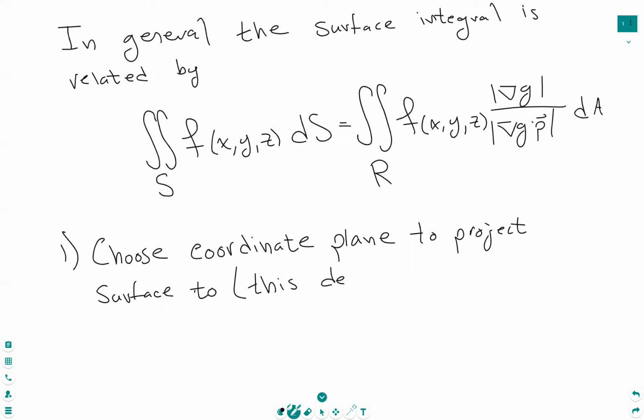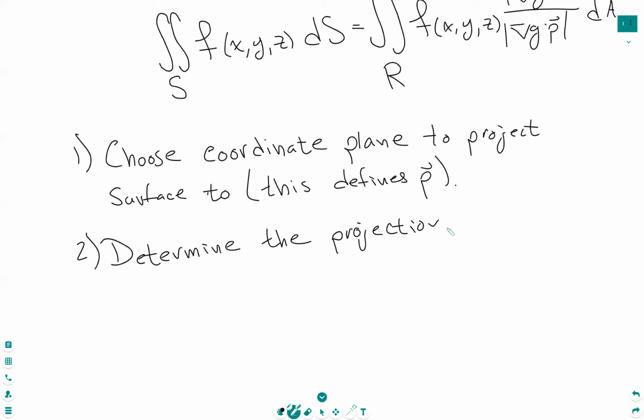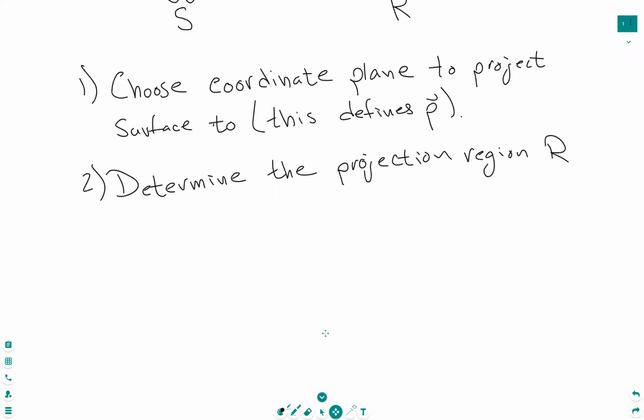This defines the p vector. Step 2, determine the projection region R. Find out what the surface area looks like once you project it to that coordinate plane.